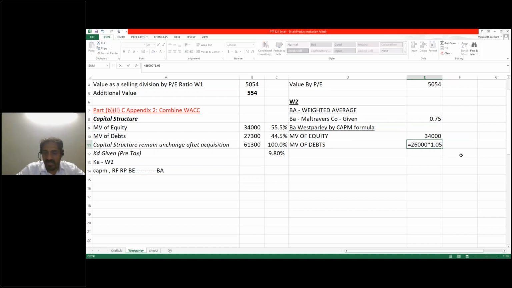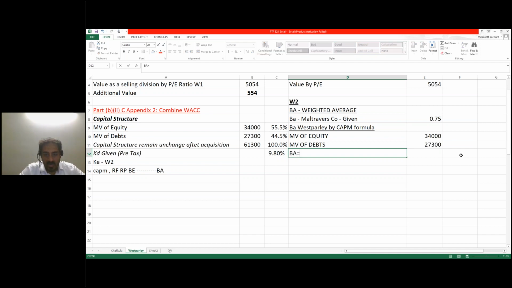Or you can put the value directly, no worries about that. We have already worked it out with the capital structure. No need to mention it here. You have directly put it accordingly.